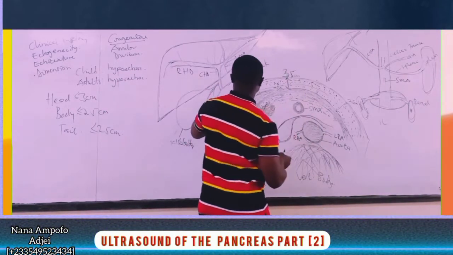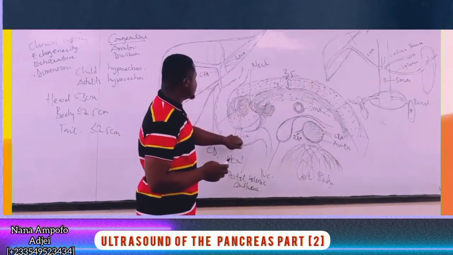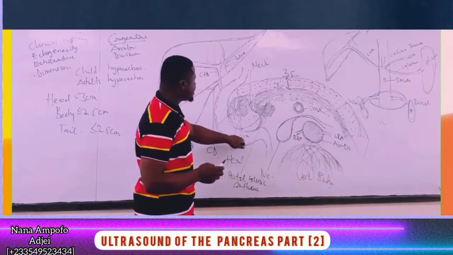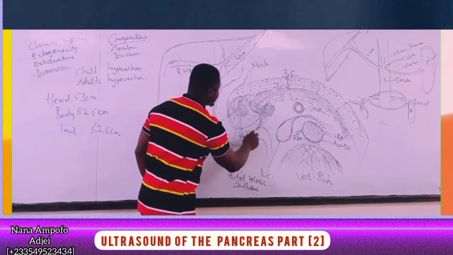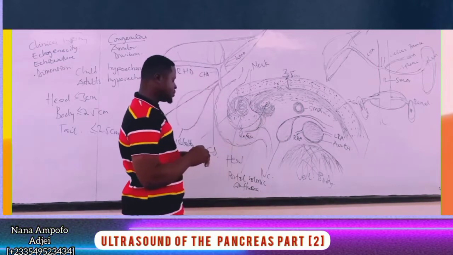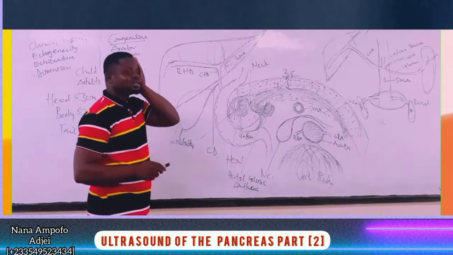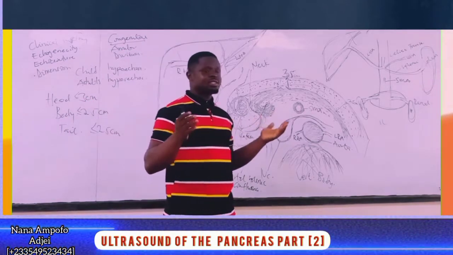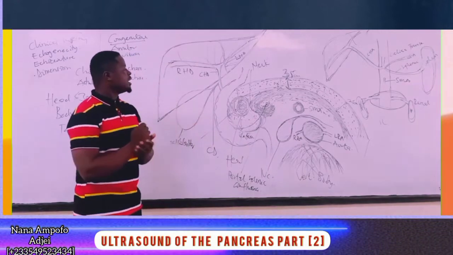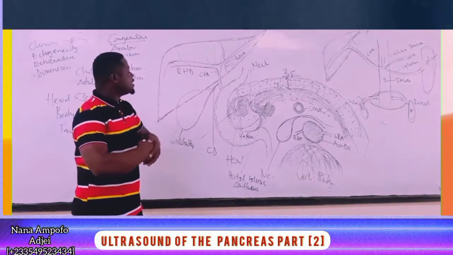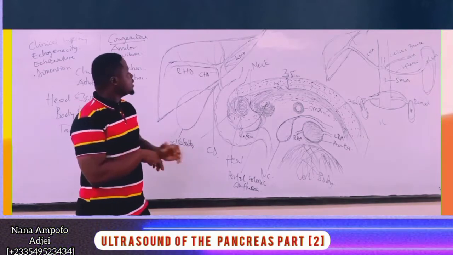Assuming we know that the normal limit for the head should not be greater than 3 centimeters, and you are getting somewhere around 4.5 centimeters, the size has increased beyond the normal limit.